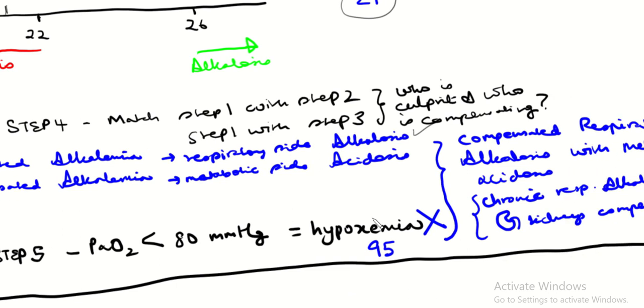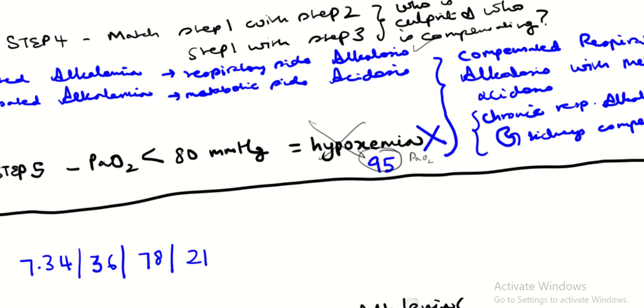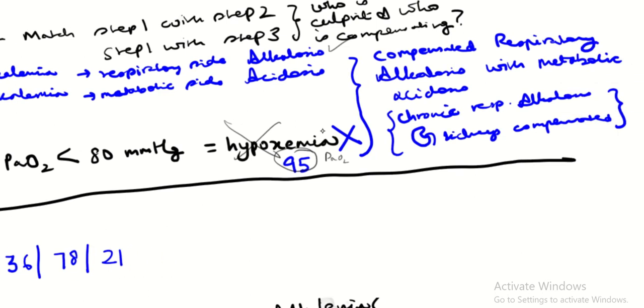Well, actually, if your PaO2 is 95, you don't have hypoxemia. So no hypoxemia. So it's just compensated respiratory alkalosis with metabolic acidosis. Okay, and again, it's chronic. Why? Kidneys have compensated.